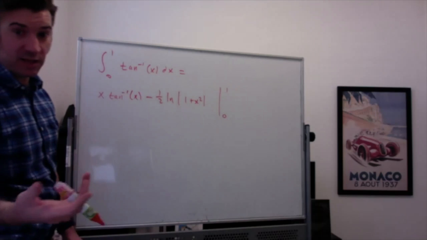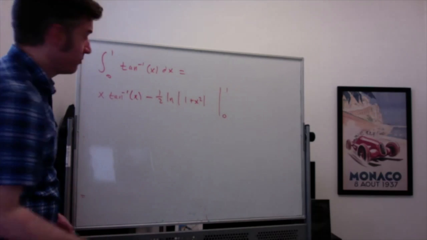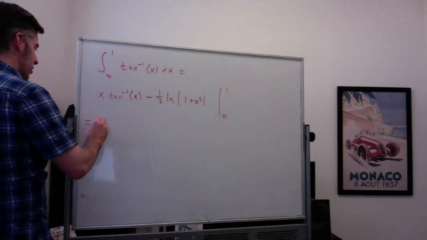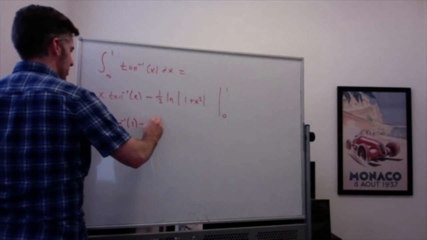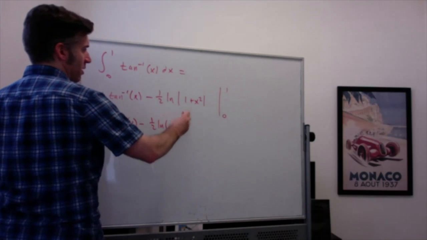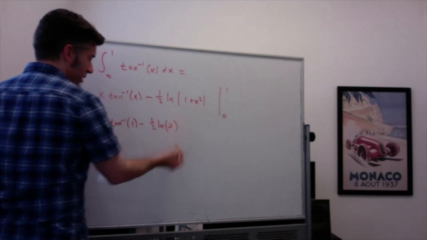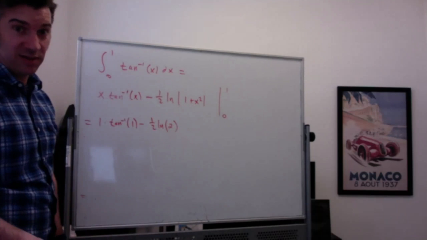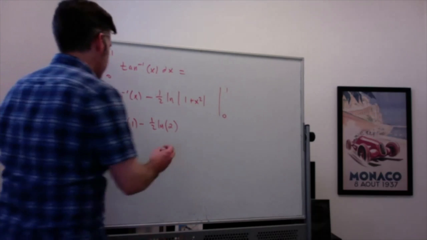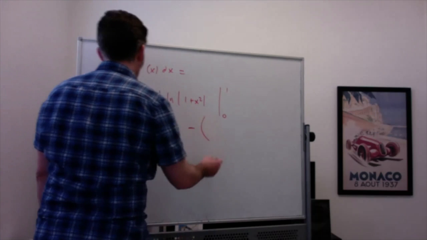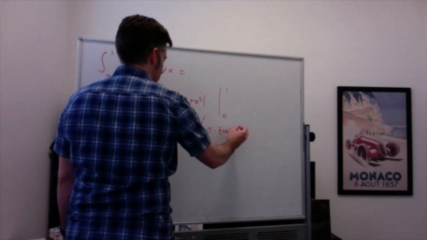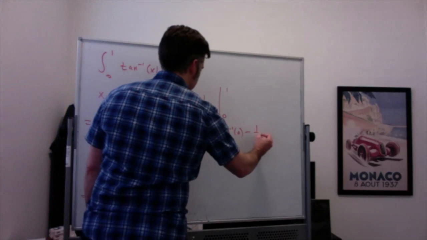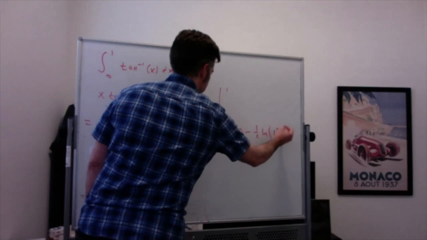And I'm not writing the plus c because it's a definite integral. So that's going to be 1 times the inverse tangent of 1 minus 1/2 the natural log of 1 plus 1, which is 2. Notice I didn't write the absolute values because 2 is already positive. Minus, plug in 0: 0 times the inverse tangent of 0 minus 1/2 natural log of 1.